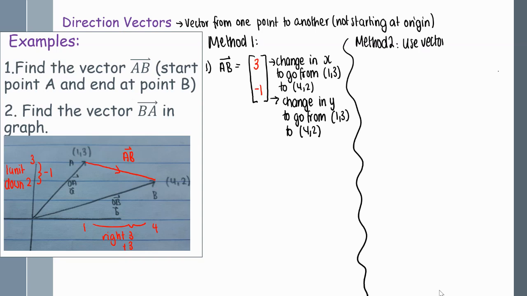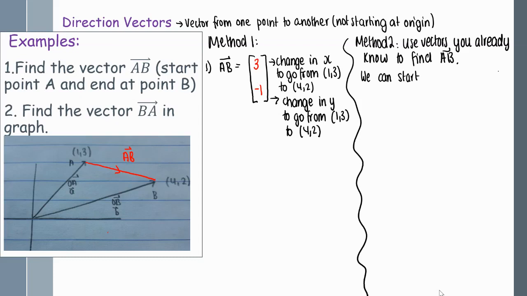The next method that we're going to try is we're going to use the vectors we already have in our diagram and either add them or subtract them to end up with our vector AB. Can I start at A and I can go back down that vector OA, so in the opposite direction to the origin.